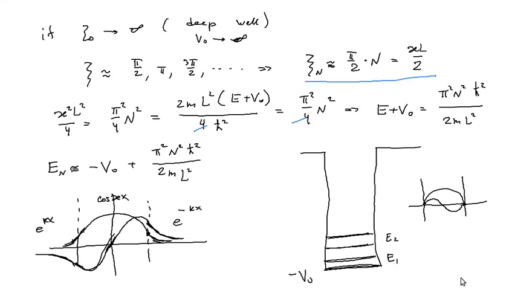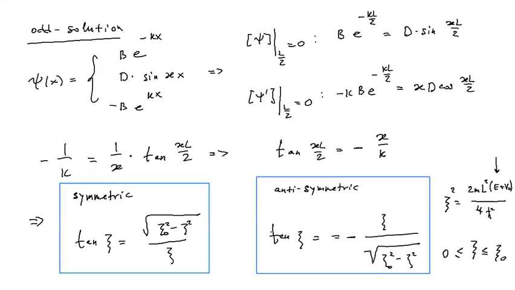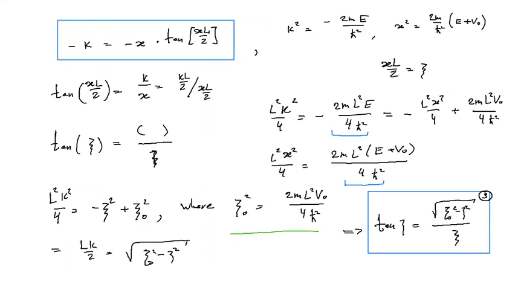I don't know if it's obvious or not, but I believe somewhere we should have it. Yeah, this is your energy. So basically the energy equals xi naught square minus xi square. Both of them are very small. So then k is going to be very small, and the energy will be very small.